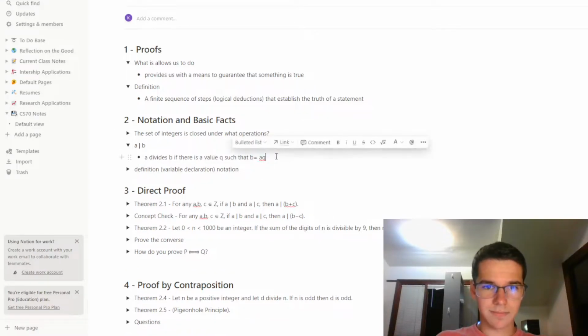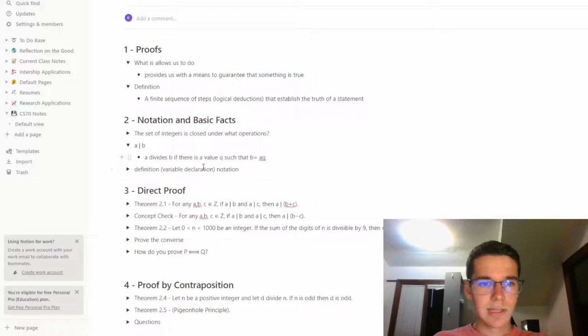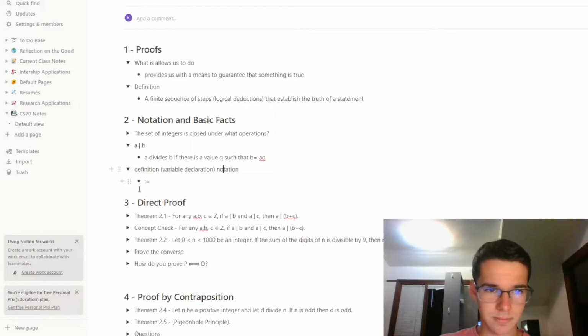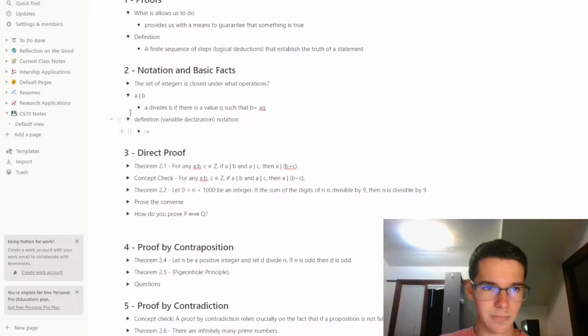And if we want to set some variable equal to something in proofs, we say variable x colon equals and then whatever quantity we want to assign to it. So it looks like that.